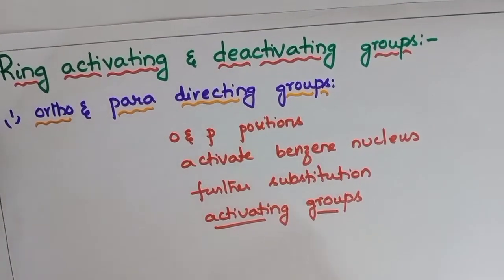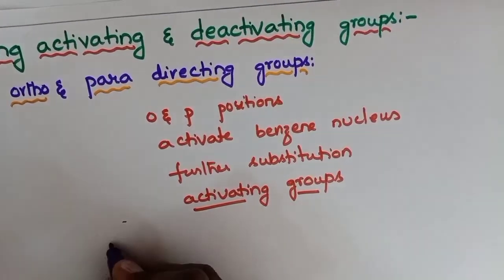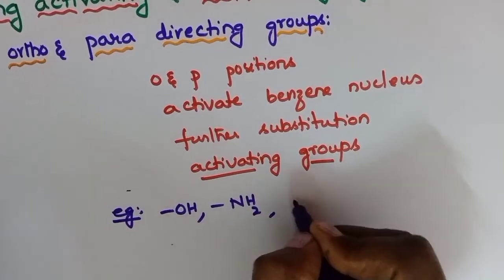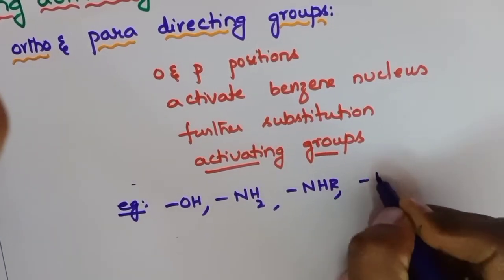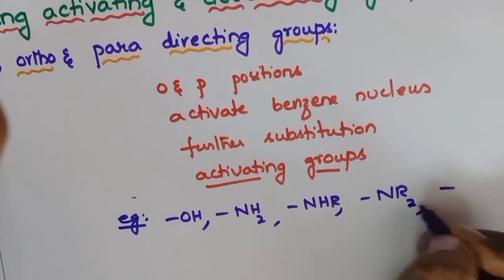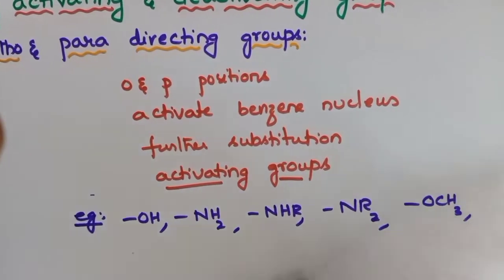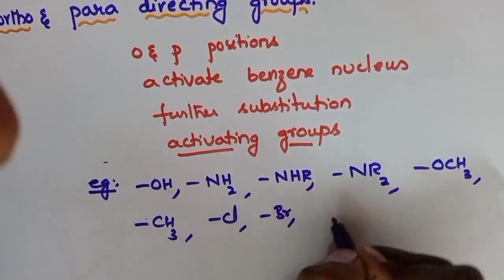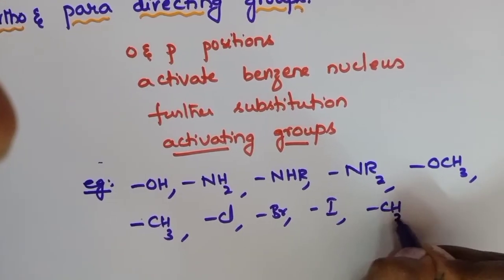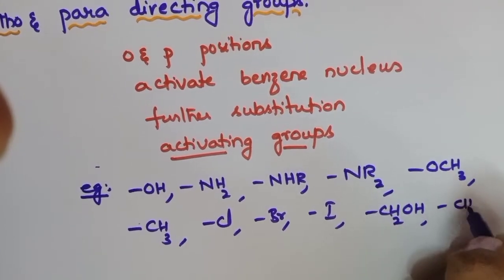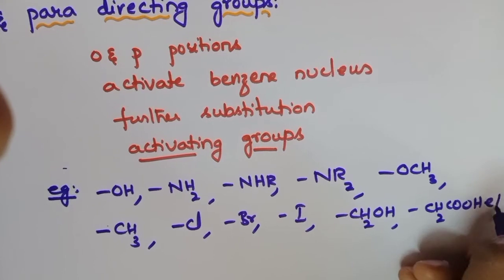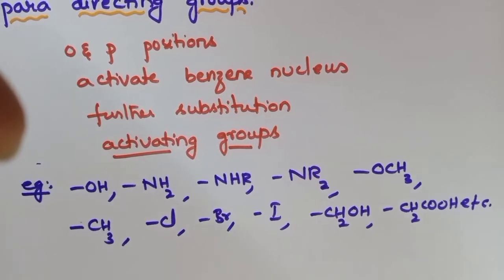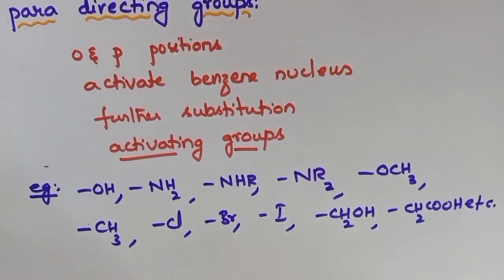And also students, a few examples you can note down. Examples: OH, NH2, NHR, NR2, OCH3, next CH3, Cl, Br, I, CH2OH, CH2COOH, etc. Okay students, once again, ortho and para directing groups are the groups which direct the newly entering group or atom to ortho and para positions.